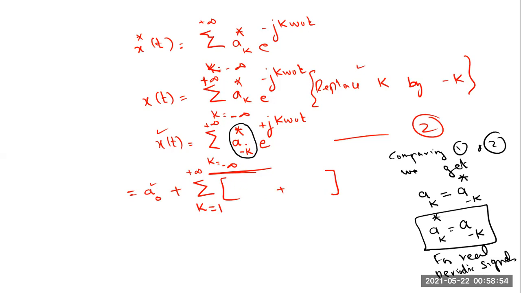But what I can do? I can say ak e to the power j k omega naught t, and second term I will say a minus k e power minus j k omega naught t.